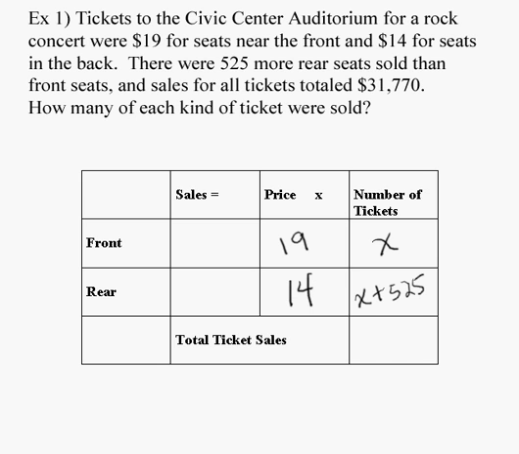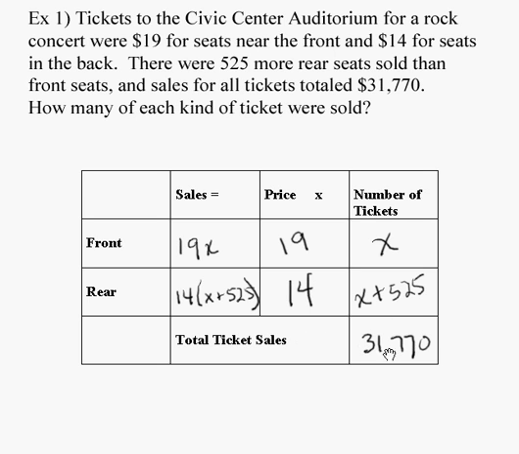To fill in the next column for sales, the amount of money for front row seats is $19 times X, so that's 19X. And for seats near the back, $14 times how many seats we sold, X plus 525.